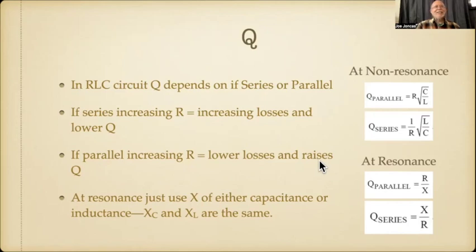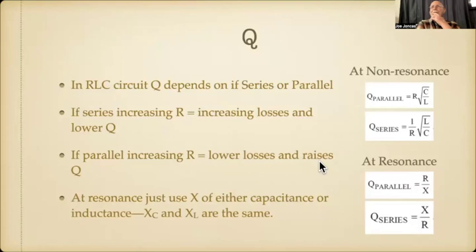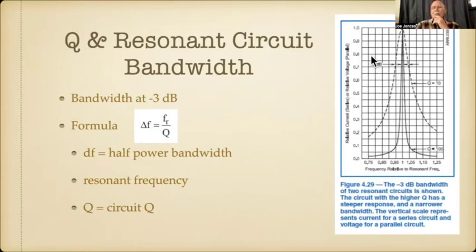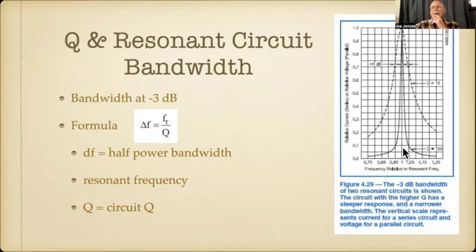Versus, I'm just trying to figure out what series and parallel mean. Obviously, an inductor and a capacitor. Remember, we were talking about resonant circuits? We had series resonant circuits and we had parallel resonant circuits. A parallel resonant circuit will create this kind of chart. The impedance will go up and it'll cause the output to go up.